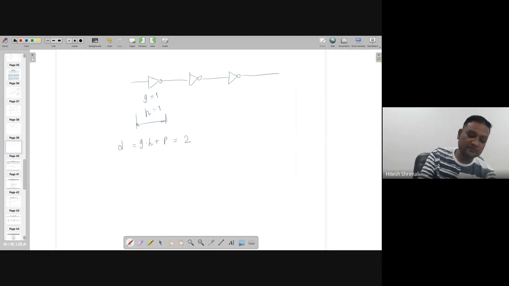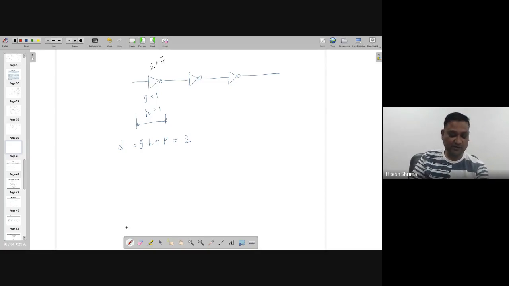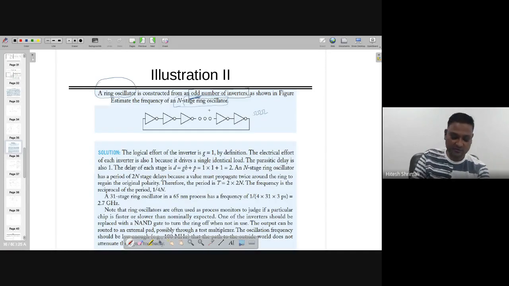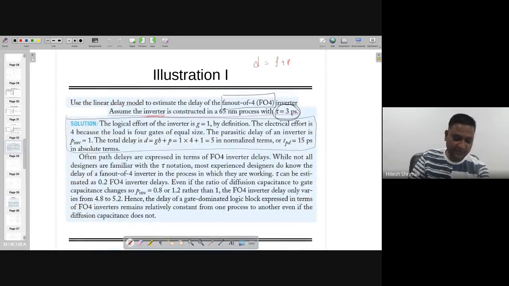So one inverter is going to give you the delay of 2, and you know that all these delays are normalized to some factor of tau. Tau should be known to us by the technology process. In our case, it has been given as 3 picoseconds.